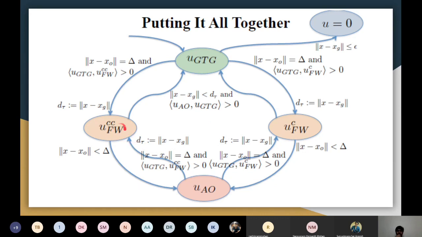Now, when do I go back from this to the go to goal behavior? This is the condition that we'll need to have. This condition specifies that we have progressed in the direction of the goal. That is, at the point of time when I entered following the wall, I had d tau distance, but now I know that my distance is less than d tau, and at the same time I have a clear shot.